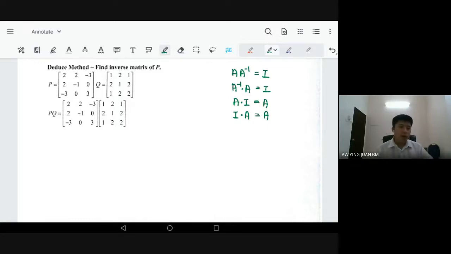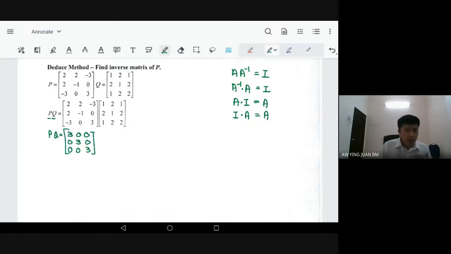So let's move on to the left hand side. We have the matrix P multiplied with the matrix Q. So previously we already discussed in question A. So PQ is equal to 3 0 0, 0 3 0, 0 0 3.